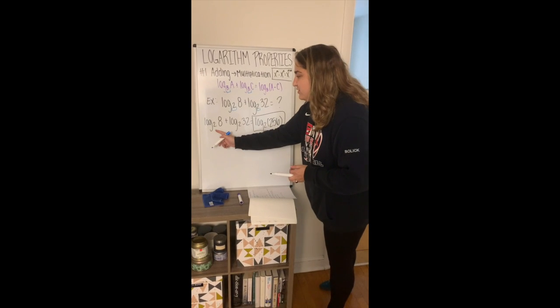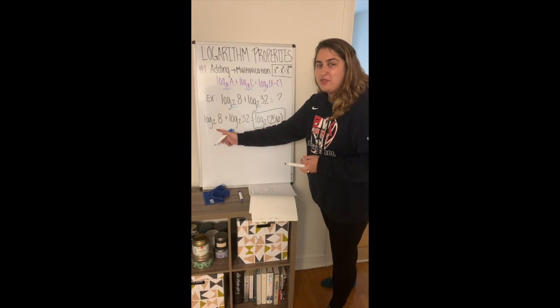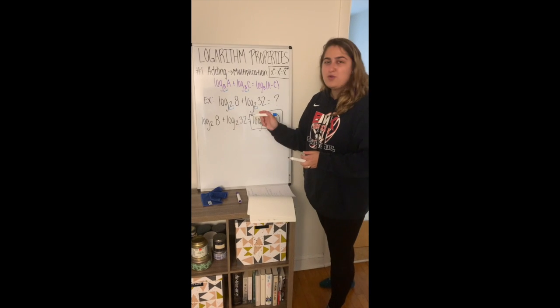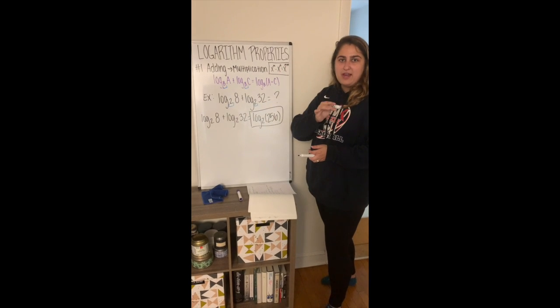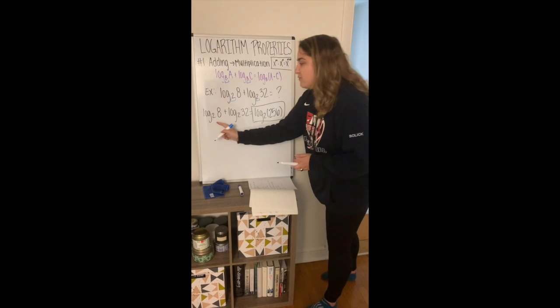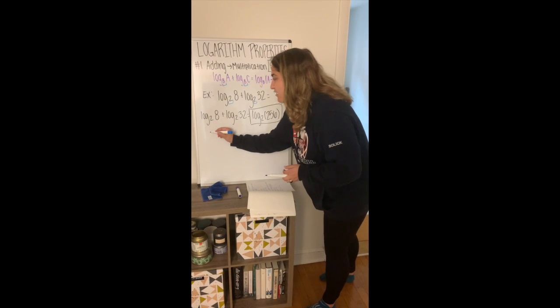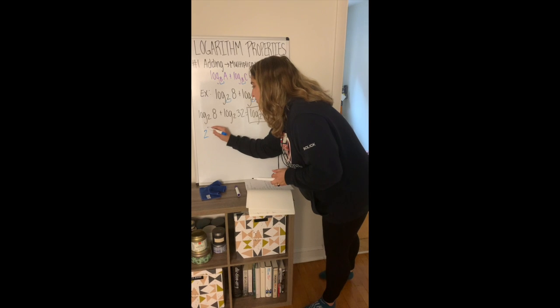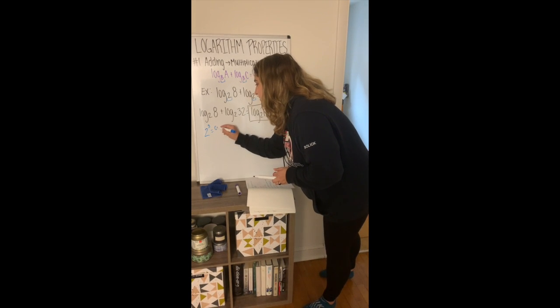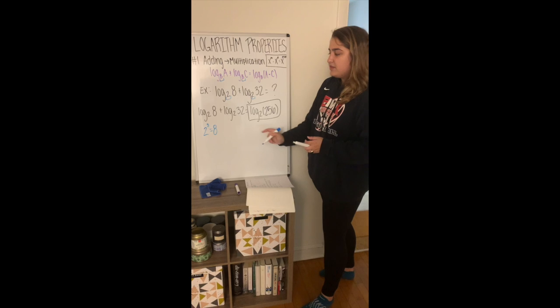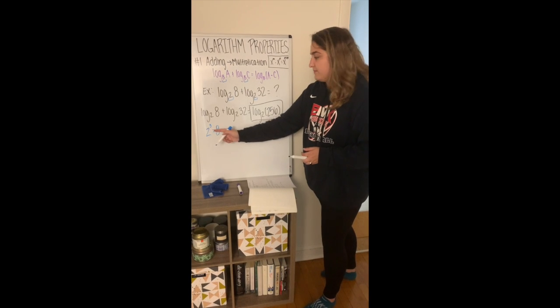If we have 2 to the third, that gives us 8. So thinking back to when we would rewrite in exponential form, we can rewrite this logarithm as 2 to the third equals 8. So we know that the exponent needs to be 3.